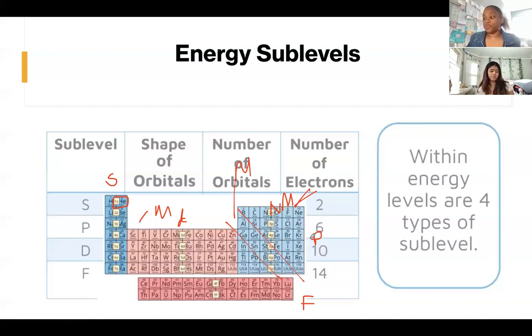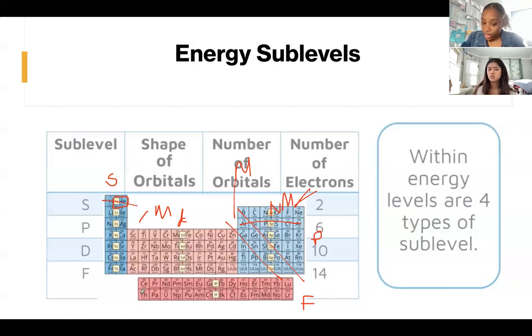Exactly. So my point here is just to let you know that, for example, your sublevels, your SPDF, I want you to see that the reason why the p orbital holds 6 electrons is because there are 6 elements across. And the S sublevel is 2 because there are 2 across.